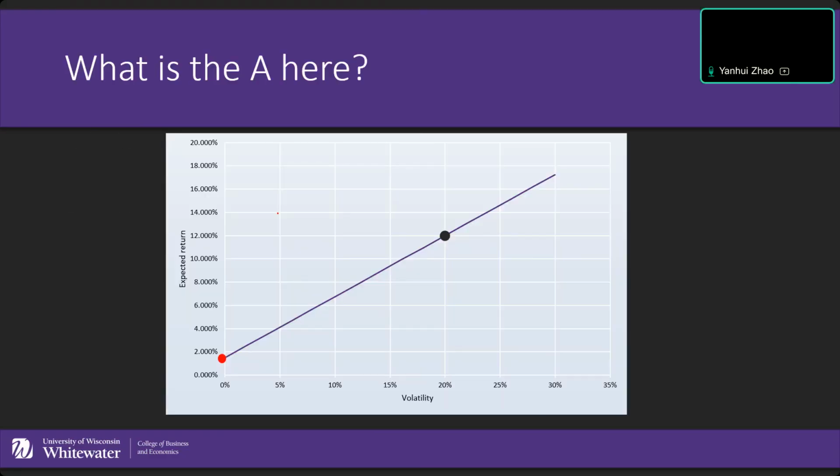If an investor only holds risk-free assets, what is the weight for risky asset? It's 0, right?